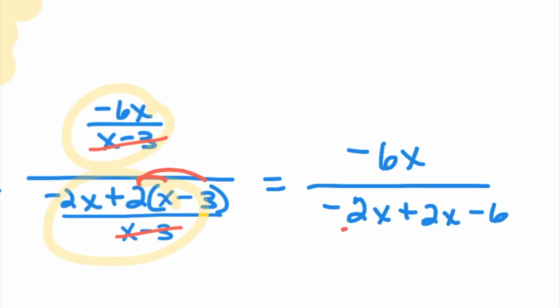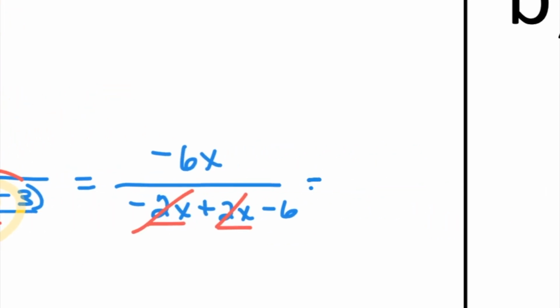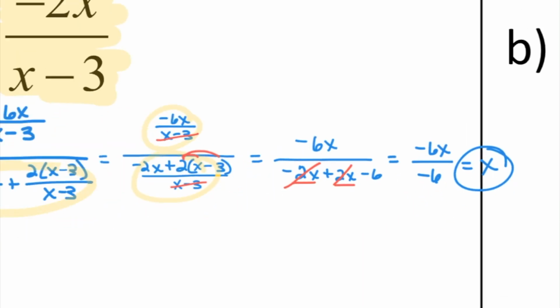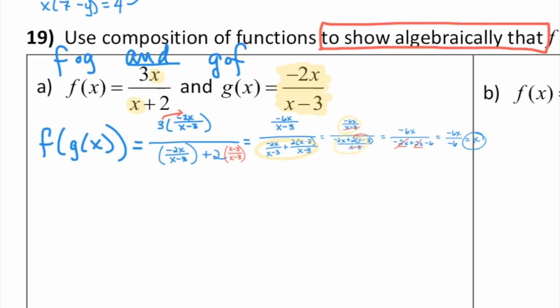And isn't that nice, because negative 2x plus 2x, those two cancel, and now I have negative 6x over negative 6, which equals x, and that's the first composition that I need to prove that those two functions are inverses.